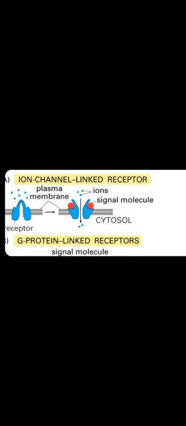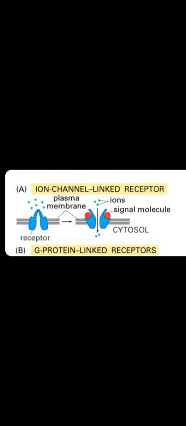Coming to how ions effectively convey the information, those receptors which respond to ions are called ion linked receptors or ion channel linked receptors, like sodium channels and potassium channels. When ions search for their receptors, upon binding, the signal molecules induce a conformational change in the receptor.